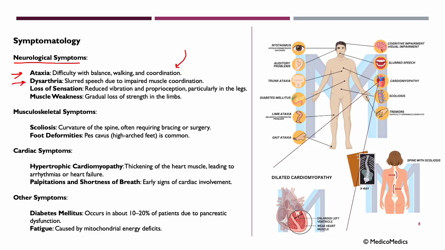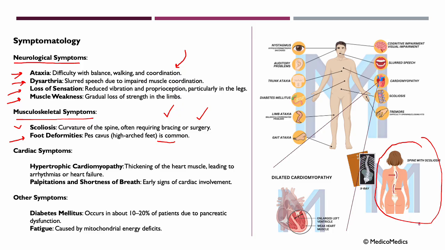We will have dysarthria, so slurred speech due to impaired muscle coordination, loss of sensation, muscle weakness. We will have musculoskeletal symptoms like scoliosis, seen illustrated here, where we have a curvature of the spine, and this often will require bracing or surgery. Foot deformities, so high arched feet is common.